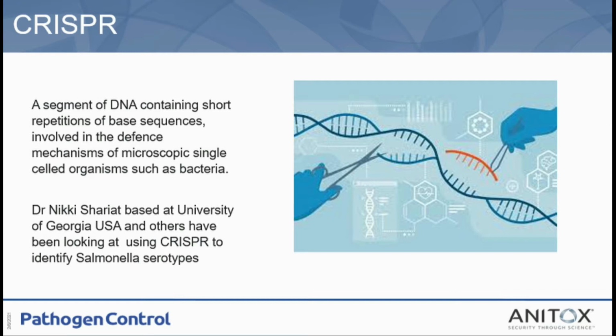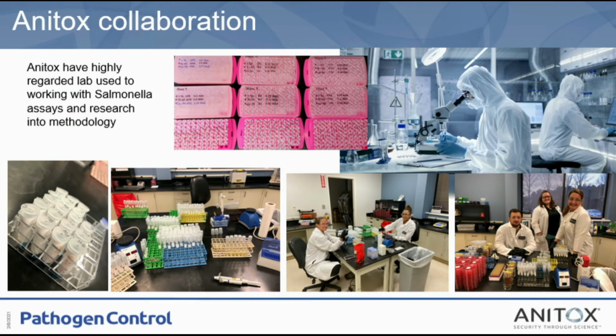We've been working with Dr. Nikki Shariat, who is based at the University of Georgia in the USA, and Nikki, along with others, have been looking at using CRISPR to identify salmonella serotypes. Anitox have our own research lab in Georgia, USA, where many studies have been carried out involving identification of salmonella and different methodologies of so doing.